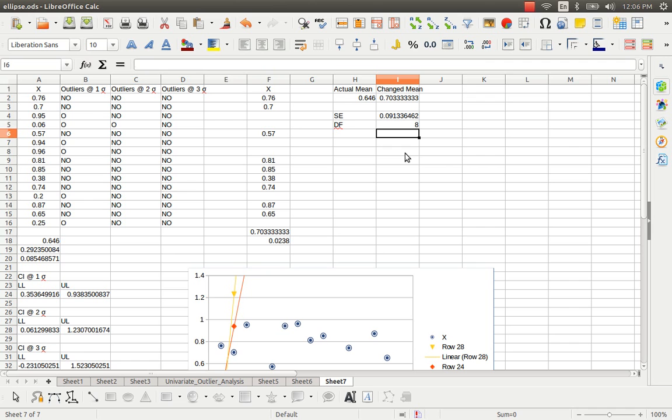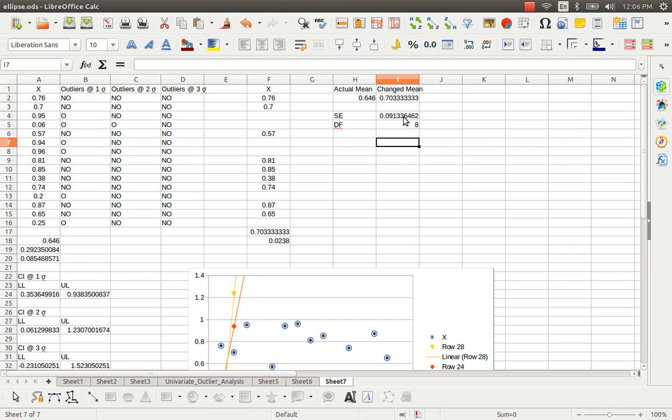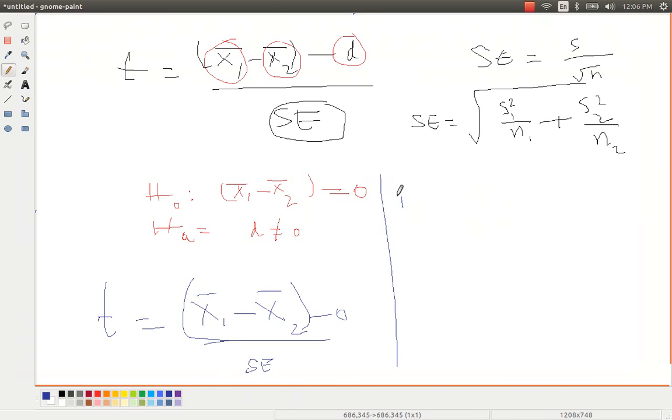So we got the degrees of freedom, and there is no incomprehensible logic behind this calculation. The degrees of freedom is whichever is minimum out of sample size 1 minus 1 or sample size of the second sample minus 1.